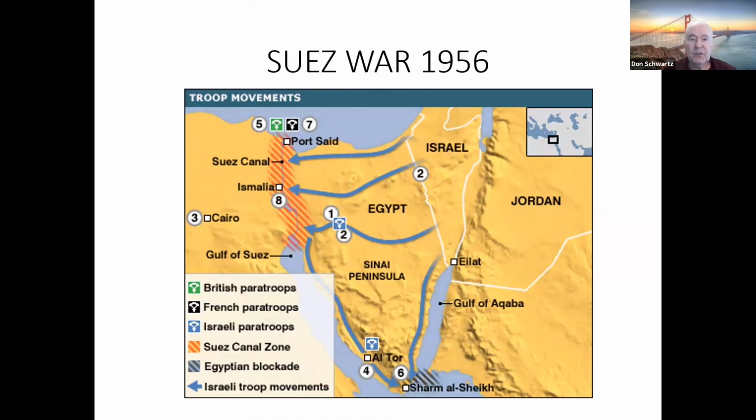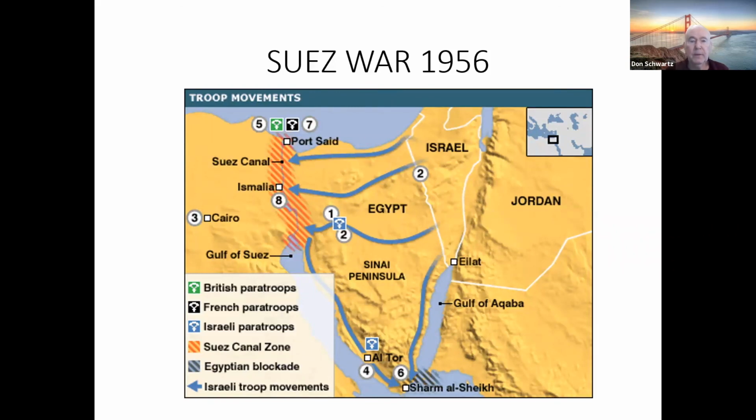Now, in this Suez War, Israeli forces swept across the Sinai Peninsula to within 50 miles from the Suez Canal. British and French paratroopers were sent to fight in Alexandria, Egypt. But at that moment, Soviet Premier Nikita Khrushchev threatened nuclear war against Britain, France, and Israel.